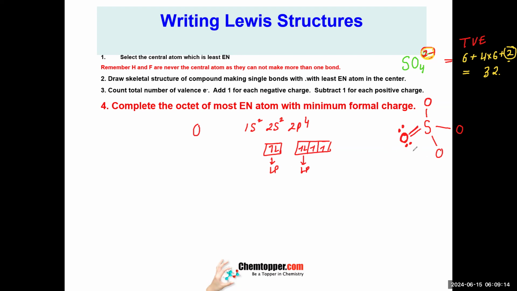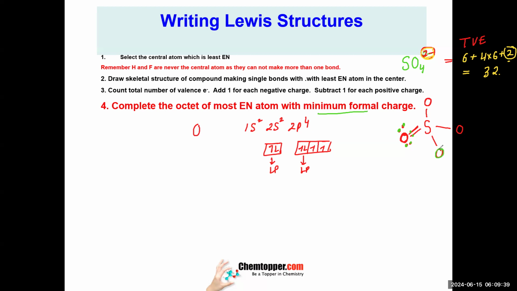Check the formal charge on this oxygen. If you check the formal charge, you can count the valence electrons like this: 1, 2, 3, 4, 5, 6. 6 minus 6, 0. Right? So this oxygen is very happy: minimum formal charge, 0 formal charge.